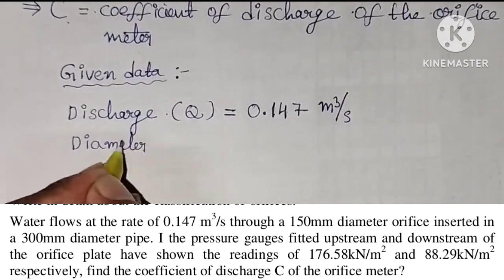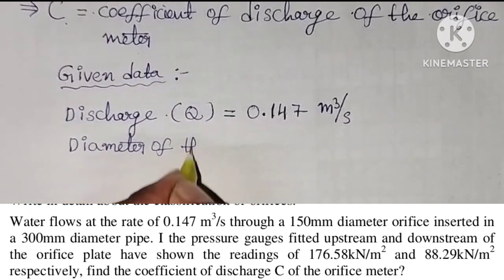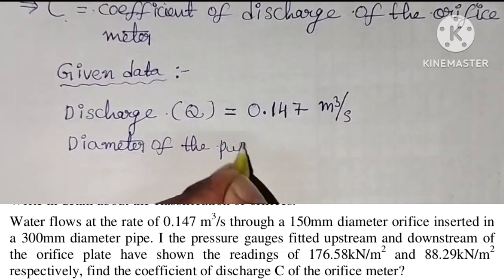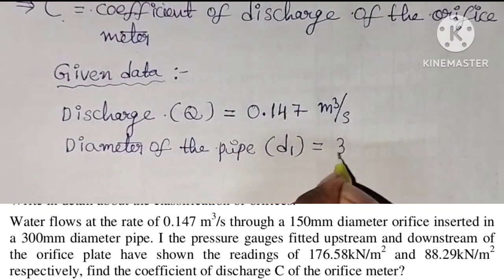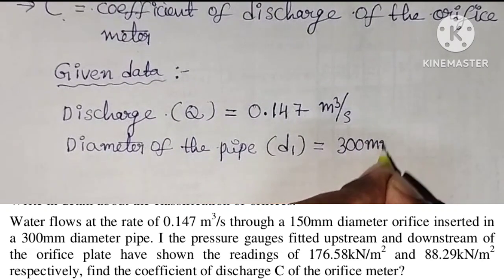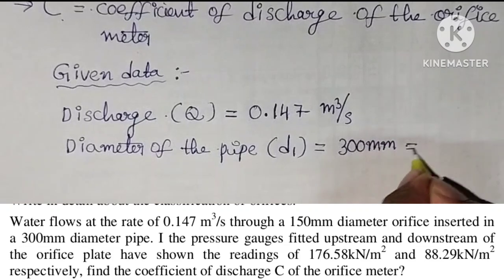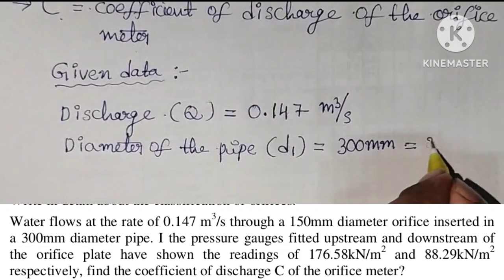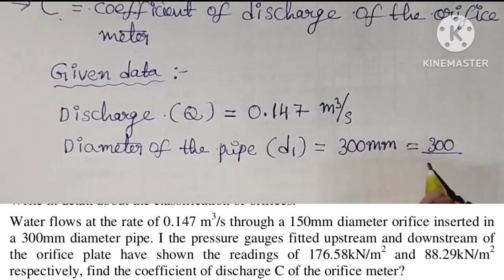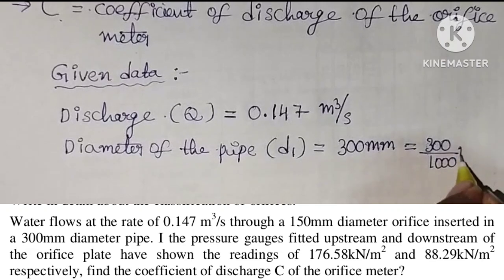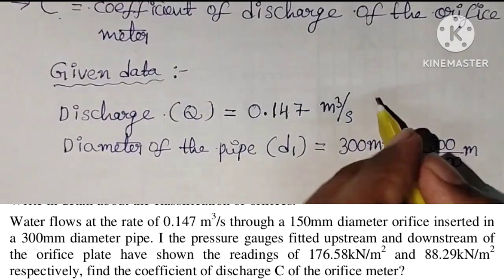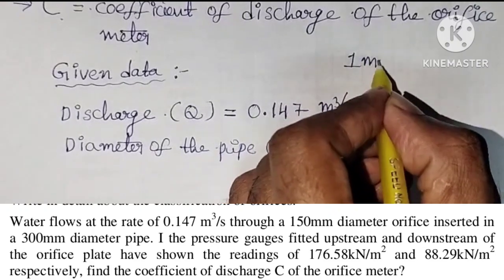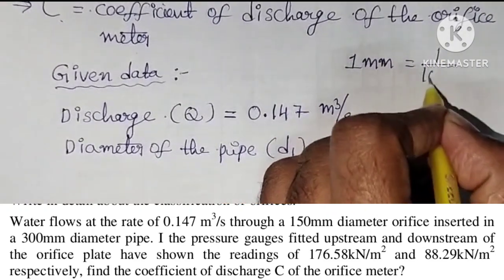Next, given the diameter of the pipe. Let us say D1. So D1 is 300 mm. Convert mm into meters. Remember, 1 mm is equal to 1 by 1000 meters.